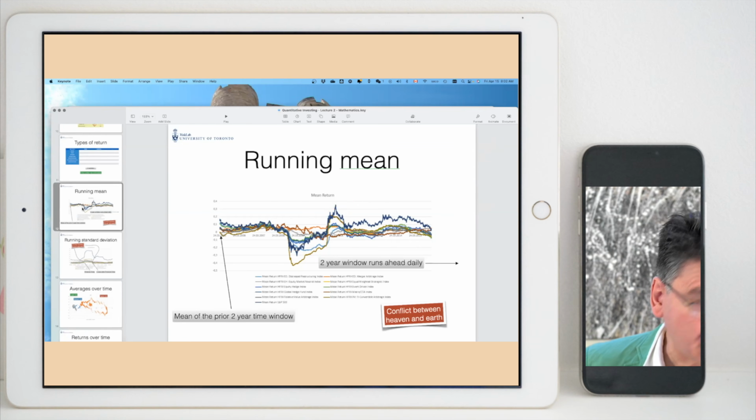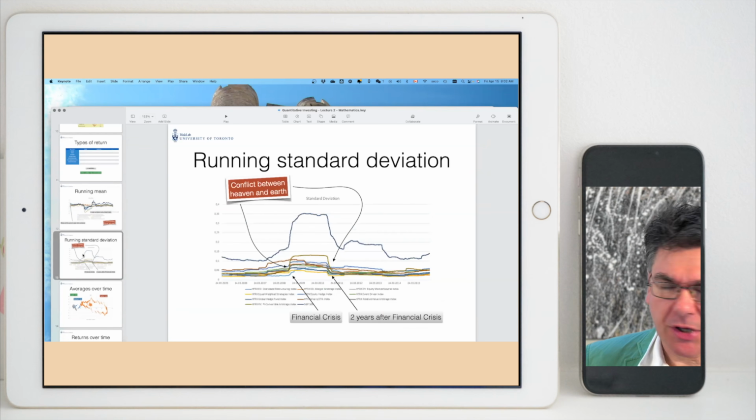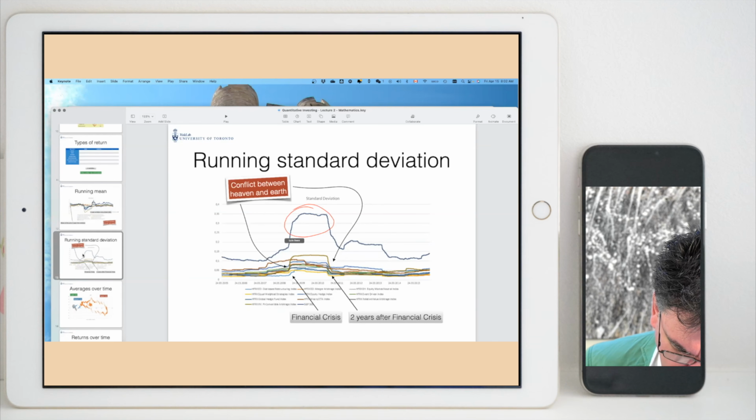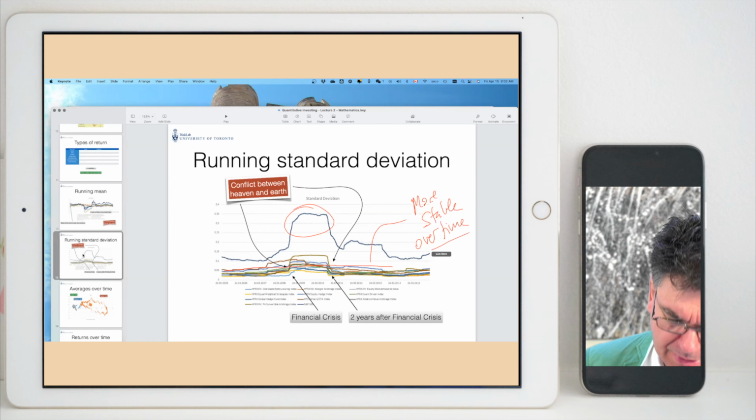The allocation does not depend too much on the standard deviation. And the standard deviation, as you can see, I mean, this is an exception, but it's much more stable over time. Standard deviation is more stable over time. That's why there are some people who believe in the standard deviation but do not believe in the mean.